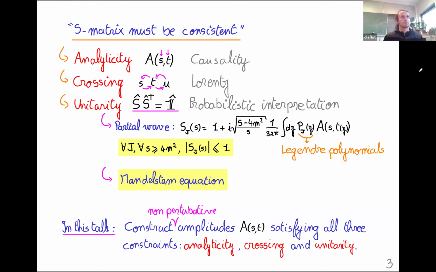So, long story short, we want the scattering amplitude A to be analytic in the variables s and t. We also want our amplitude to be crossing symmetric, so switching s, t and u must be a symmetry of the amplitude. And of course, we also want the scattering process to be unitary.